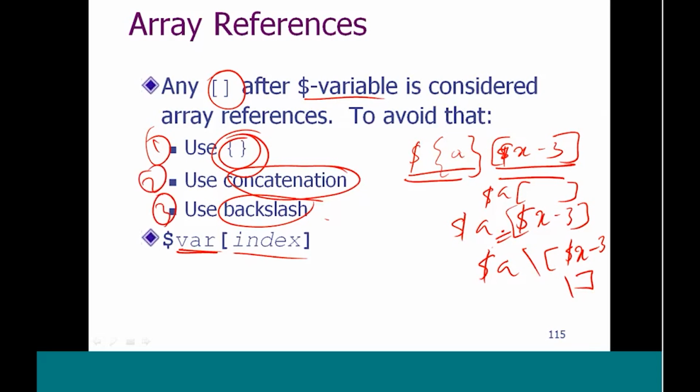The first one is to use the brackets. So if $A is a scalar variable, we use ${A} in brackets to distinguish it between a scalar variable and an array with an index, and then use $x minus 3.